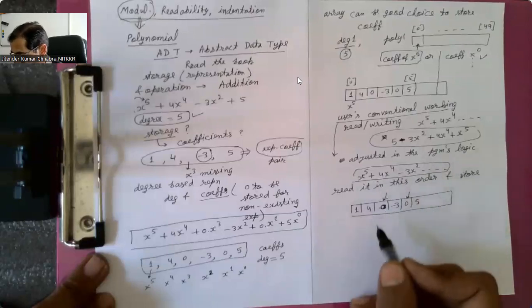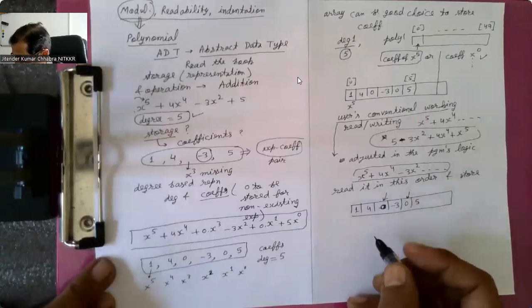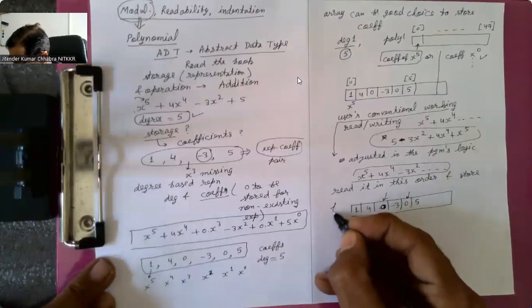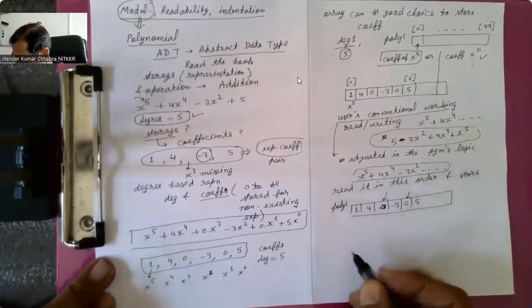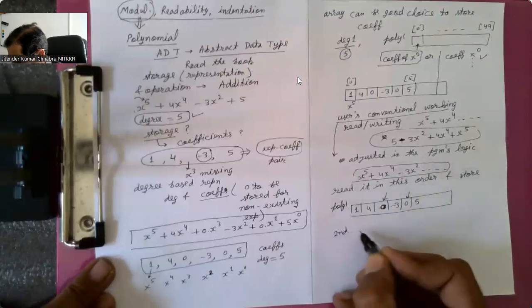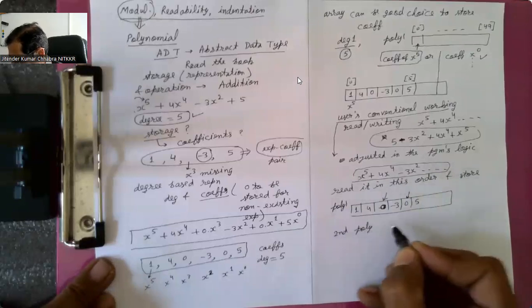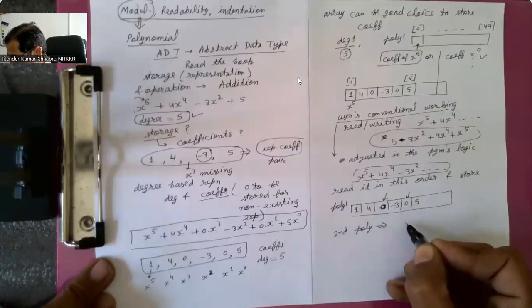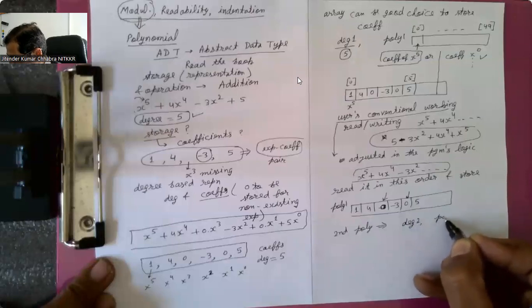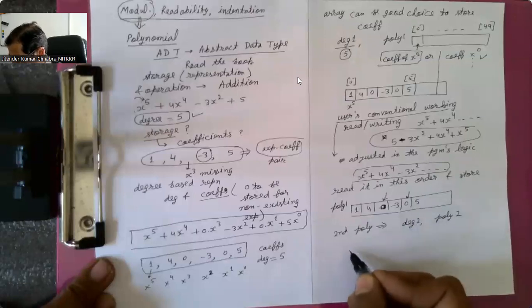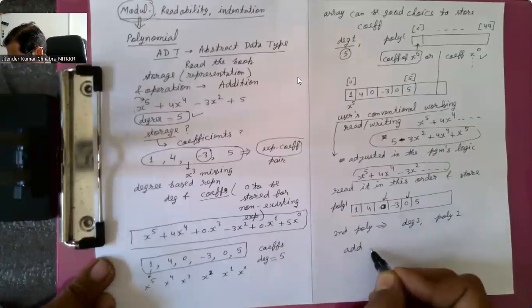But conventional order is being followed. So now I say this is my polynomial 1. Let's say I have a second polynomial. So I will have a second polynomial also, and I should be able to read that, and similarly read degree 2, read polynomial 2, and now the aim is to add 2 polynomials.